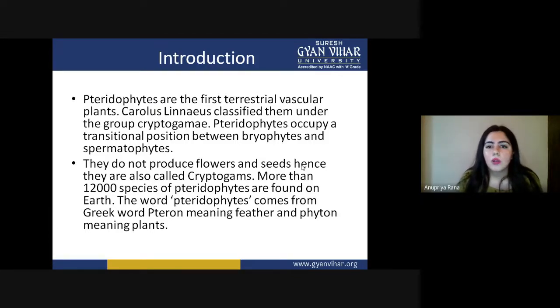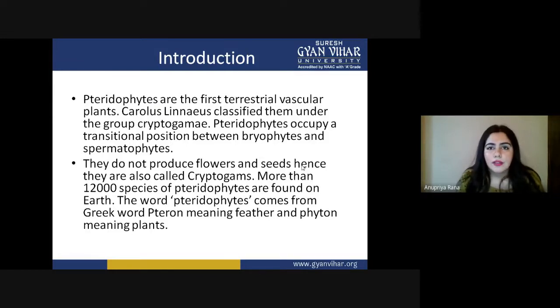Vascular tissues are called the xylem and phloem. For water conduction, we have xylem in the plant, and for food transportation, we have the phloem.